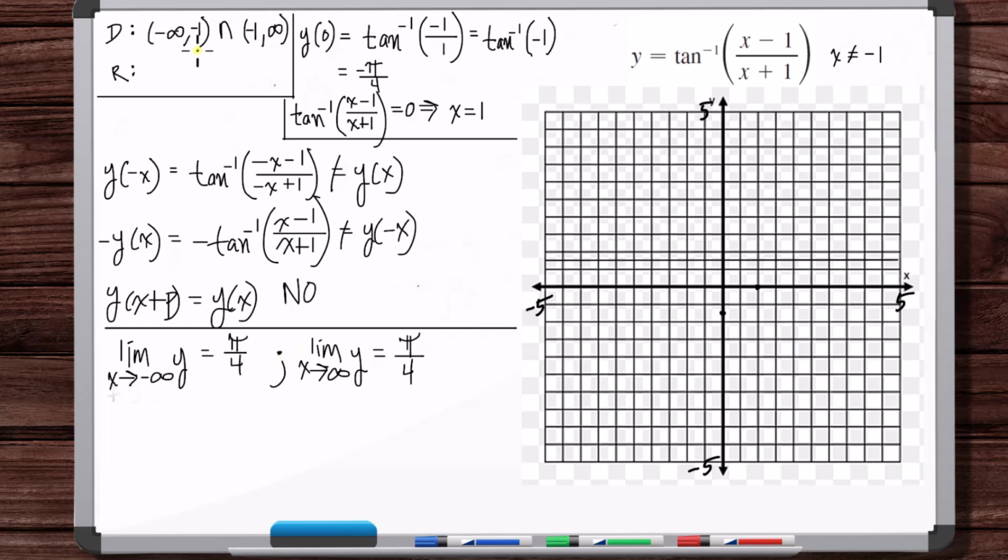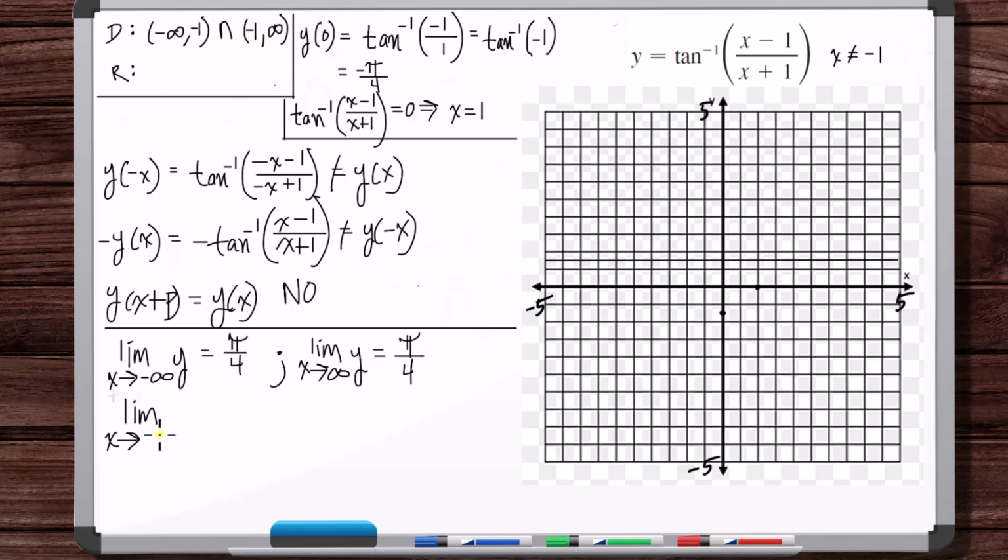When we look at the domain, we're looking at the left and right ends of the domain, but also any endpoints within the domain. So -1 is another endpoint. We'll call that endpoint behavior. Let's take the limit, because maybe this is a vertical asymptote.